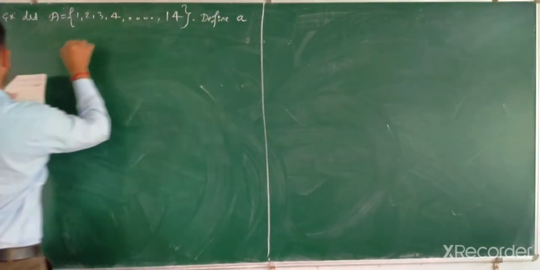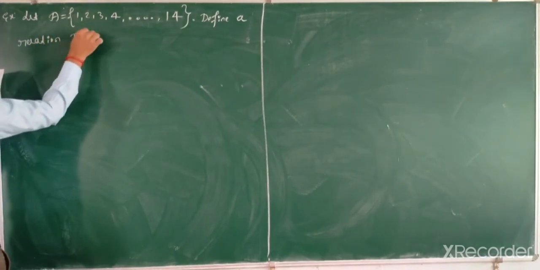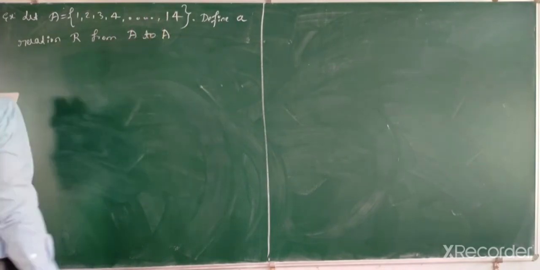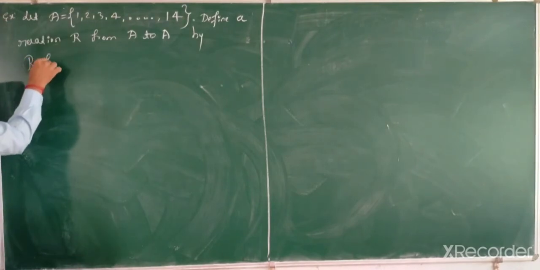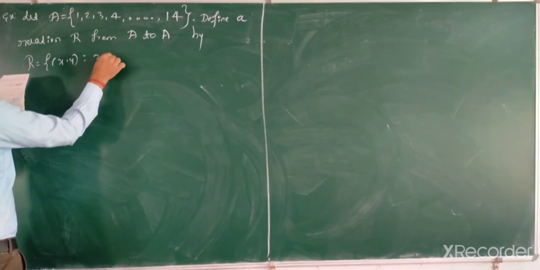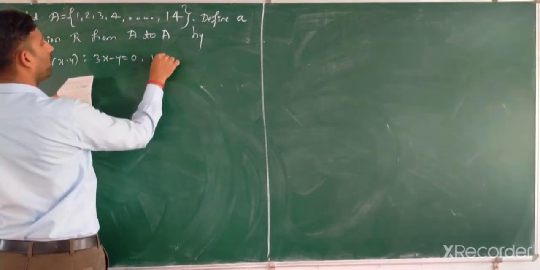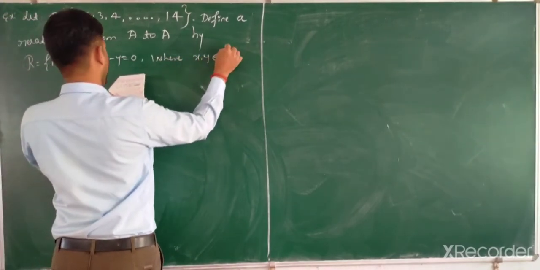Define a relation capital R from A to capital A by R is equal to the ordered pairs (x, y) such that 3x minus y is equal to 0, where x, y belongs to capital A.